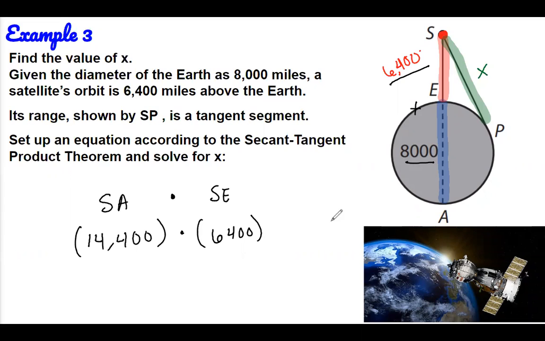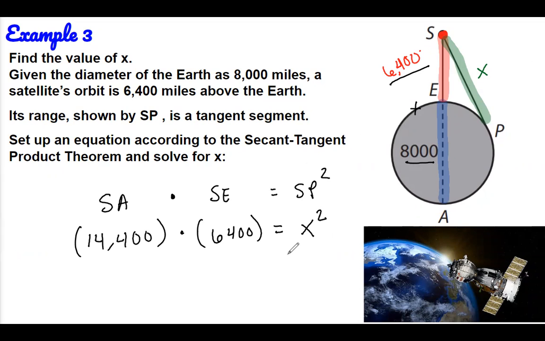My right side is what's going to change. Since we don't have another secant, we only have that tangent segment, we're going to use that measurement, my tangent SP, squared. So this time it's going to be x squared.